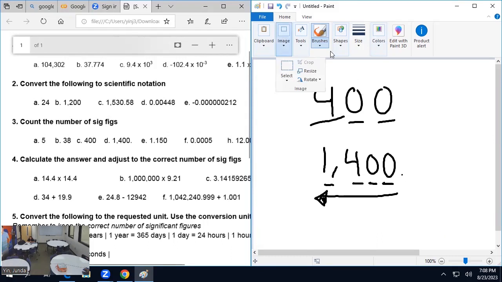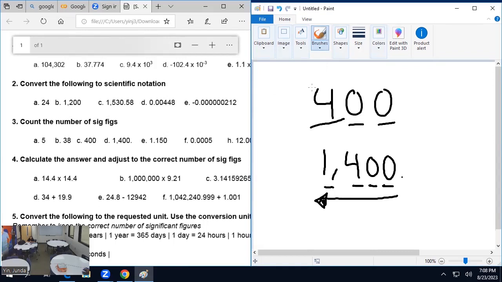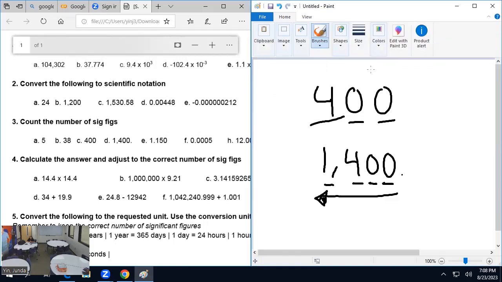All righty, what about 1.150? 1, 2, 4. No, I don't know that one. Oh, 4. That is correct. I thought it was incorrect for a second.